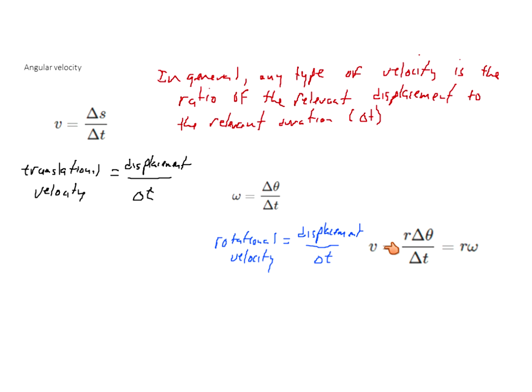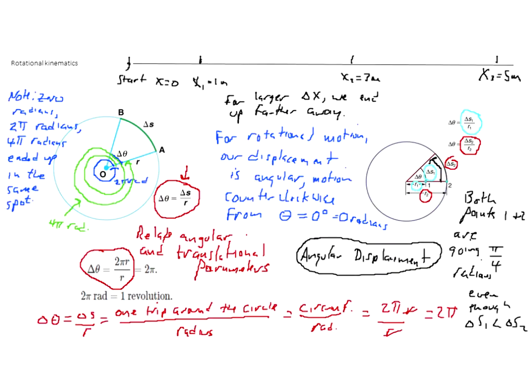So right here we've got our translational velocity. V equals delta S over delta t, but delta S, if we solve for it, is just going to be R times delta theta.